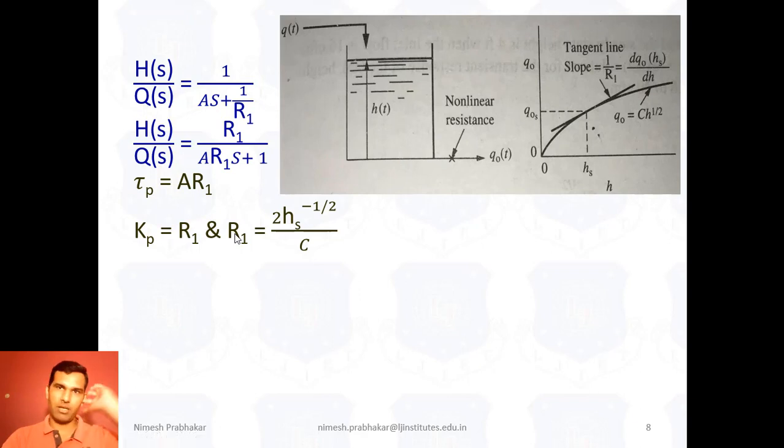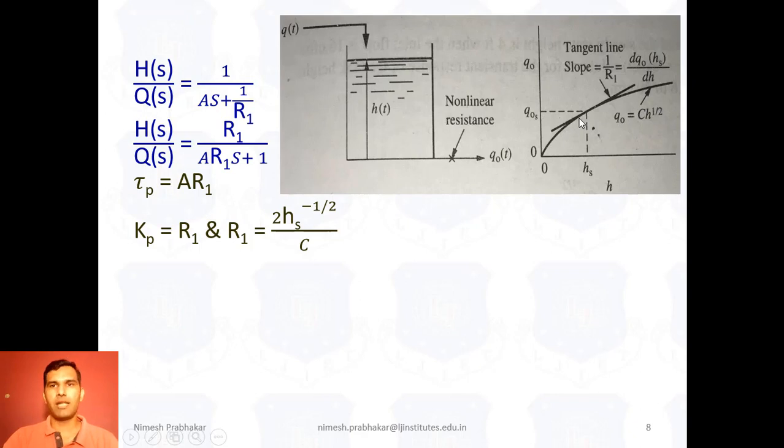Now the graphical representation. Here we show that a non-linear resistance is present. This is a non-linear relation between H and Q0, so this graph is non-linear: Q0 is equal to C H raised to 1 by 2.